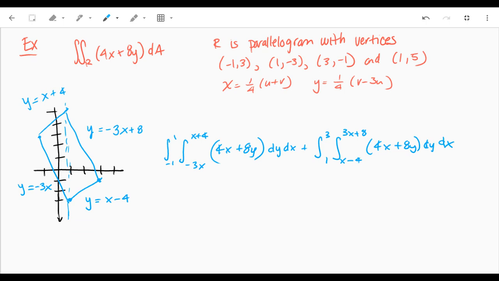So first of all, they tell us these are the transformations that we're going to use, okay? So all we're going to have to do is sub them in.